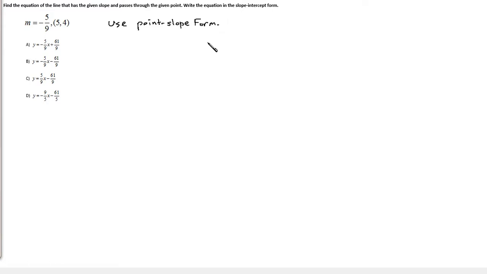Now, students sometimes have a little bit of a difficult time at the beginning remembering what point slope form looks like. But here's an easy way to derive point slope form from something that might be familiar, which is what's called the algebraic definition of slope.